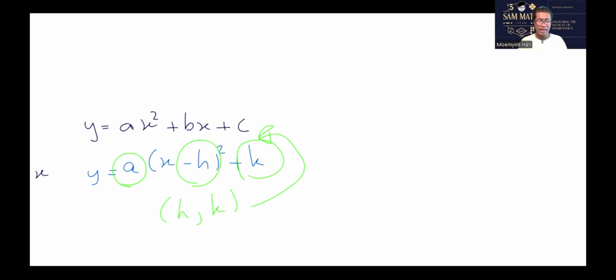Okay, so I'm going to expand this one. It's going to look like a(x squared minus 2hx plus h squared) plus k. So it will look something like ax squared minus 2ahx plus ah squared plus k.